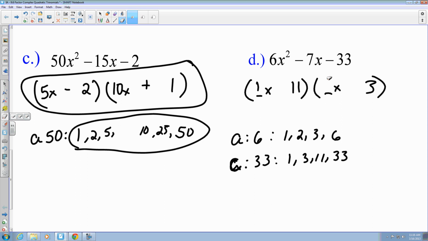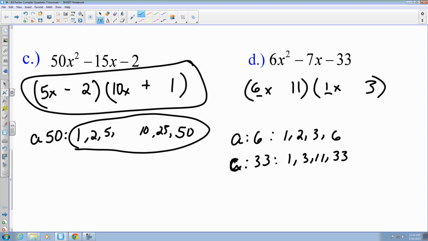Let me erase that. But what about if I put 3 here and 6 here? 11 times 3 will give me 33. All right, wait a minute. I need to put a 1 right here. That's got to be a 1. So 11 times 1 is 11. 6 times 3 is 18. 18 minus 11 will give me that 7.